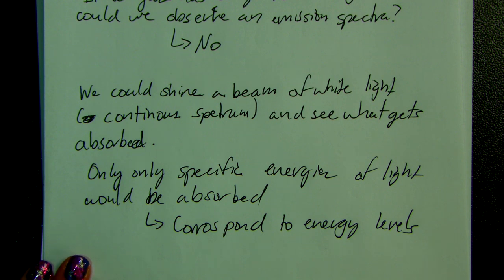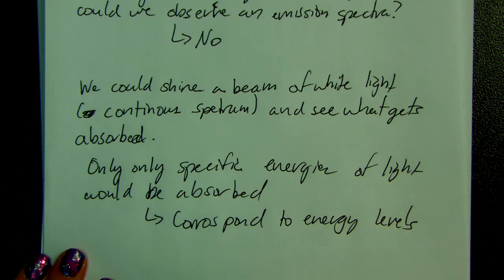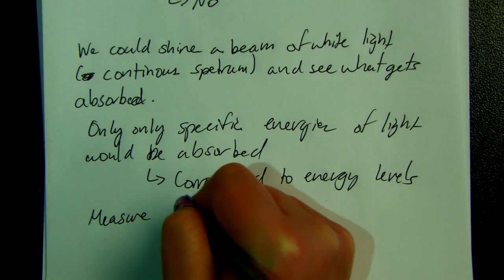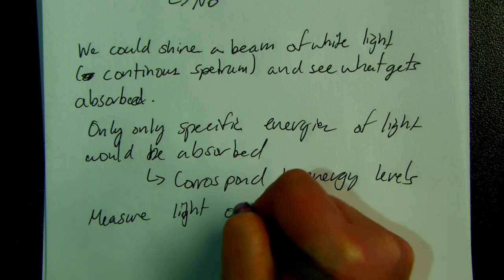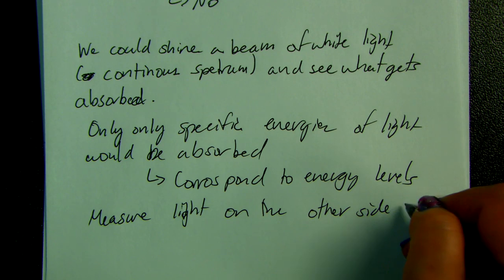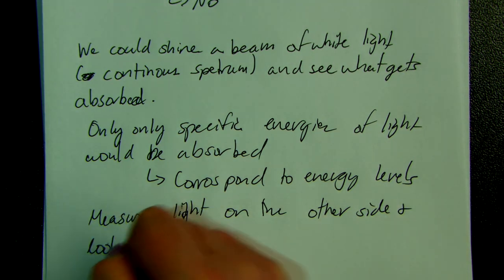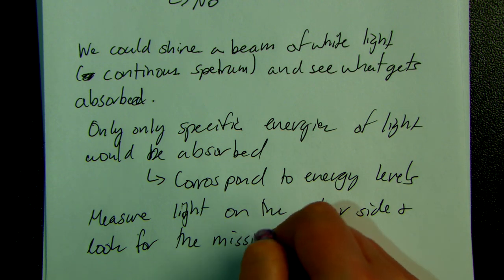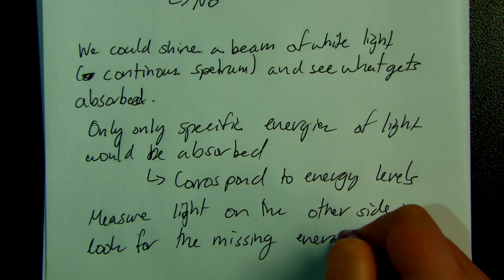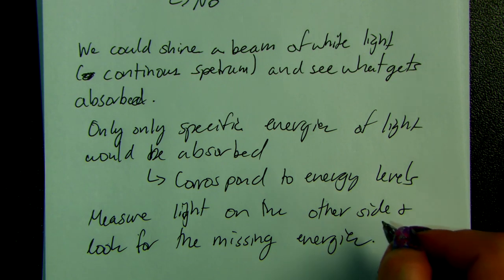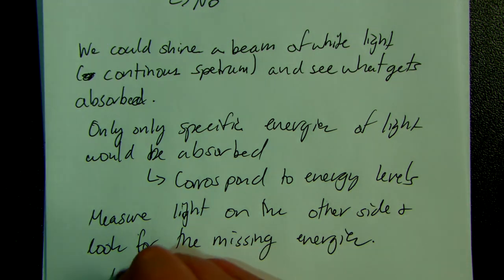So what we could do is we could just look for the gaps. So we could measure light on the other side and look for the missing energies. So this is called the absorption spectra.